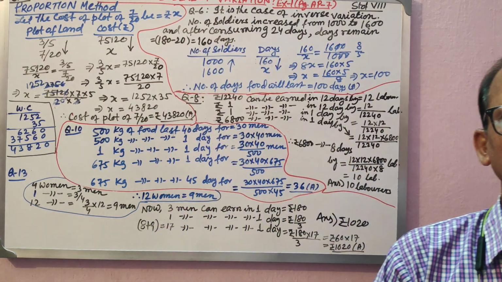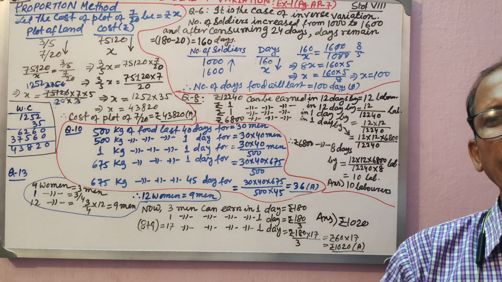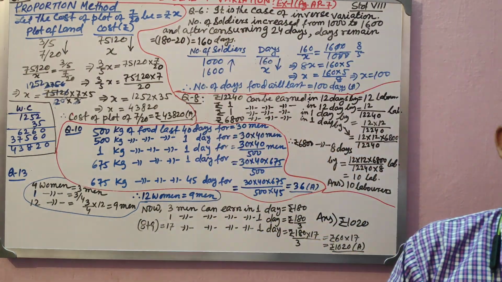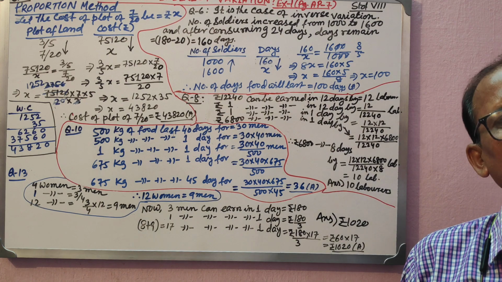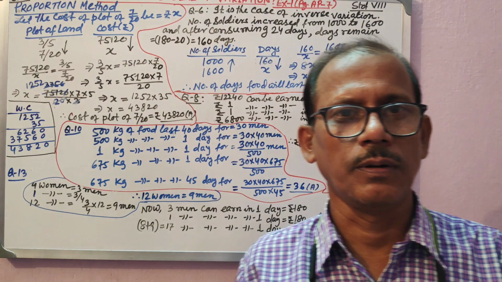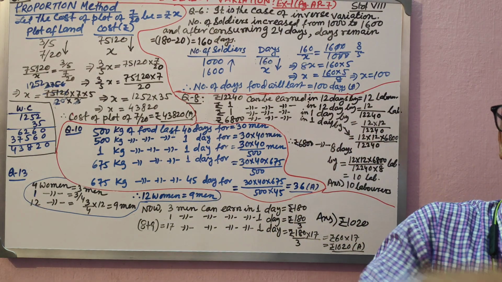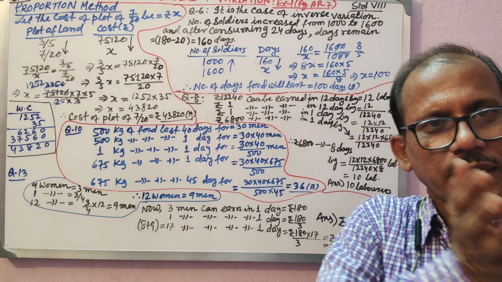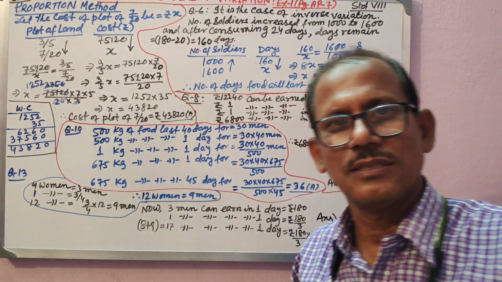Suppose you want to complete some work. You have put 10 laborers, and it will take, suppose, 5 days. If you increase the laborers from 10 to 20, then definitely the job will be done in fewer days. You are increasing the laborers and getting your job done in fewer days. So increase causing decrease.